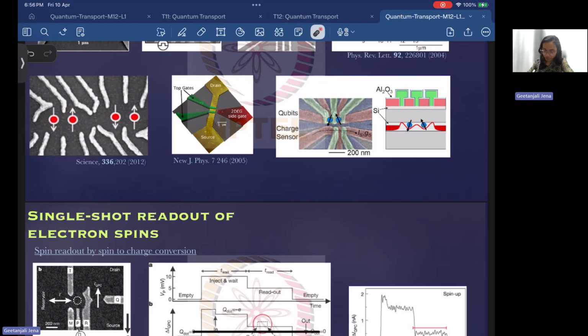So the red gate is the enhancement gate, which is used to populate the channel with charge carriers, and the green gate is a depletion gate, which acts like a barrier for this MOSFET based design. So because of this potential well, we can trap the spin state in this gated quantum dot, and we can store this information.